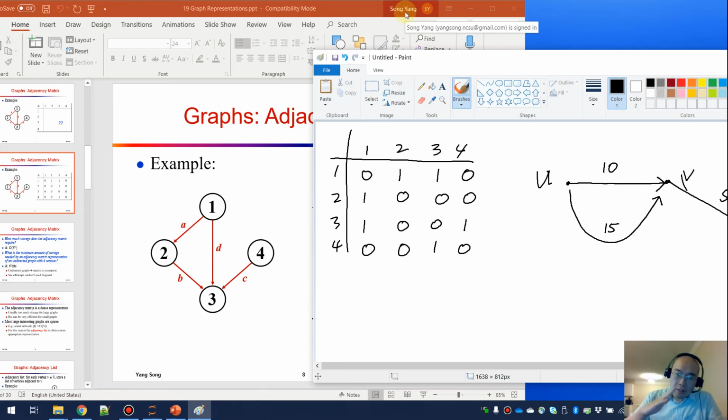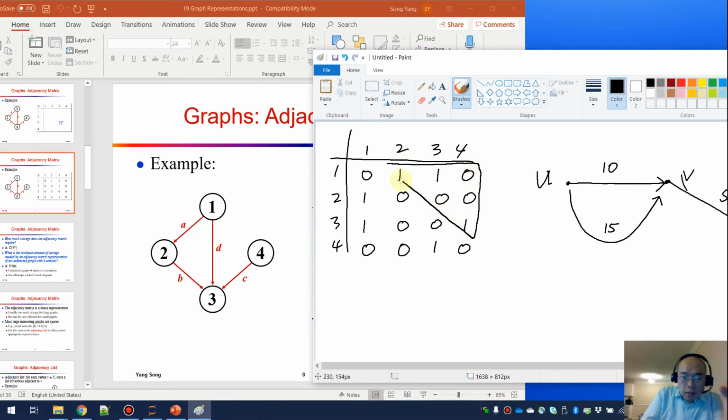In this case, the first observation is that it is a symmetric matrix. So if we want to store this matrix, we only need to store either this part or this part, right? Because they are symmetric, and the diagonal values are all zeros. So we only need to store a total of 6 digits.